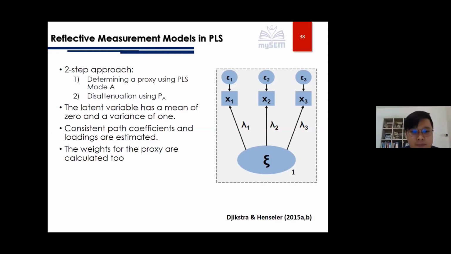So what does it mean? It will correct the correlation between two variables, okay? And it uses a pure reflective construct where your errors are not correlated. Again, the errors are not correlated. But if you use Mode A in PLS, your errors are correlated.